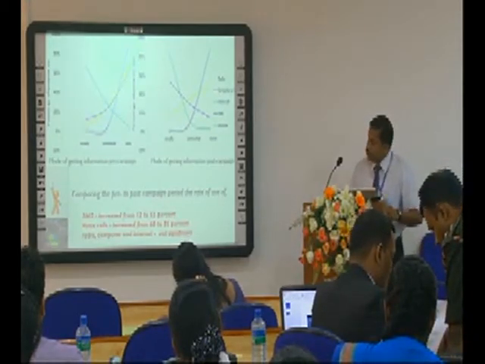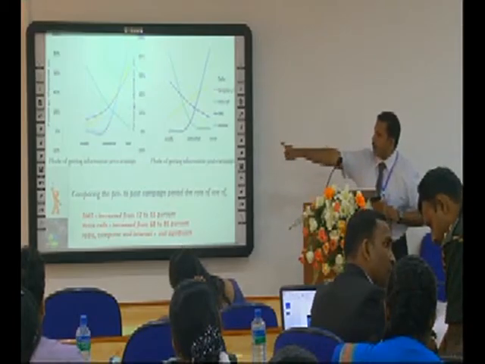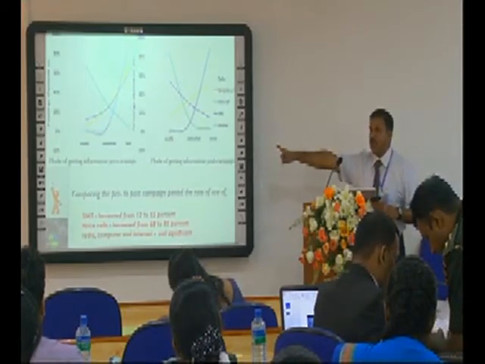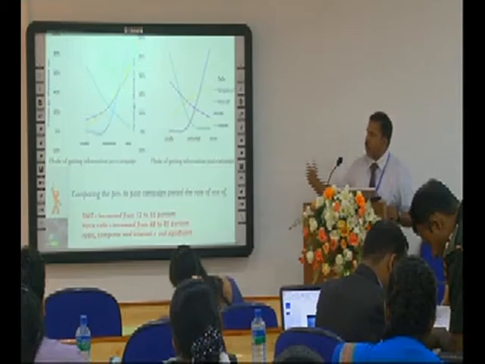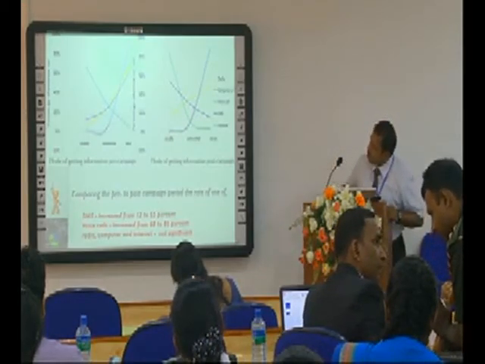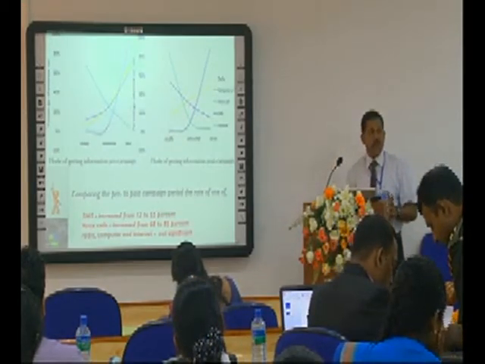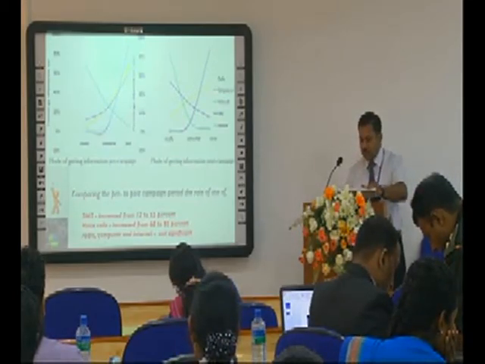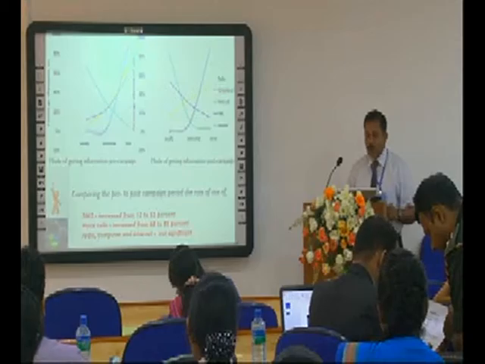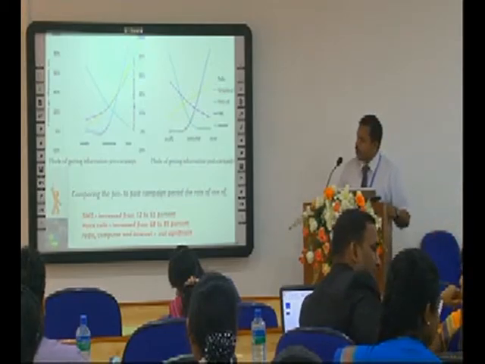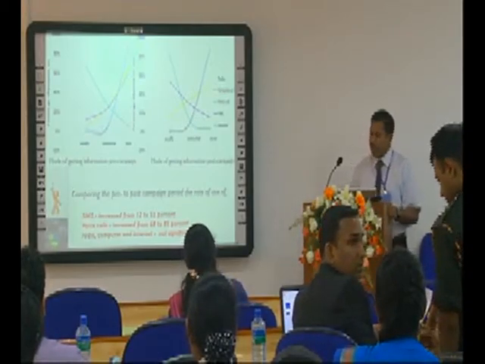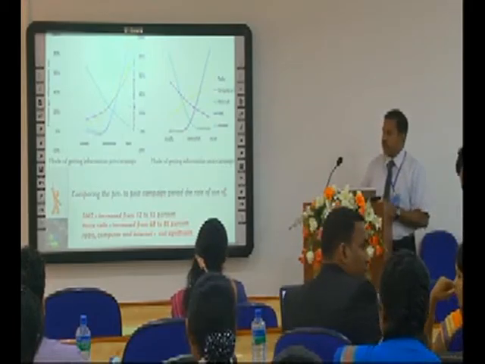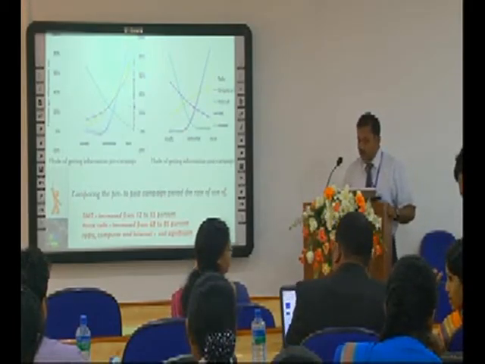In the first graph you can see the low level of SMS use, and in the second graph in blue color it is more than 55%. For voice calls, we used the IVR facility, and participation with voice calling increased from 68% to 85%. Radio, computer, and internet use were not significantly different before and after the campaign.